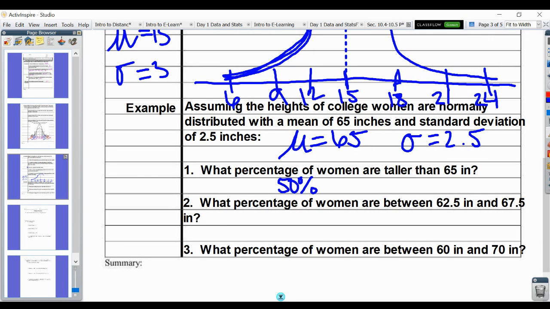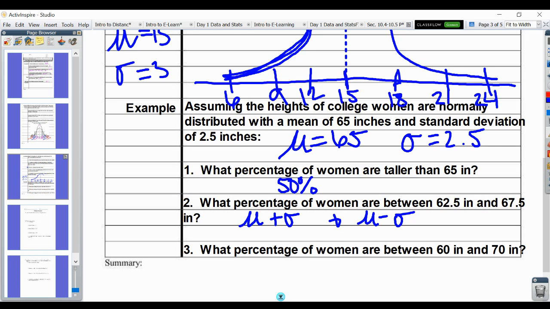The second question is saying what percentage of women are between 62.5 inches and 67.5 inches. So first, for this section, we want to test to see how many standard deviations away from the mean that we are. So we'll try our mean, or mu plus sigma, and mu minus sigma.